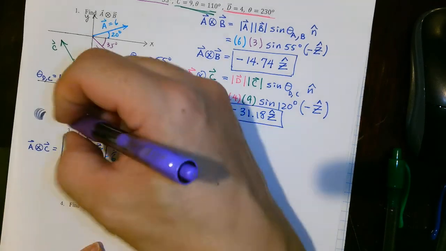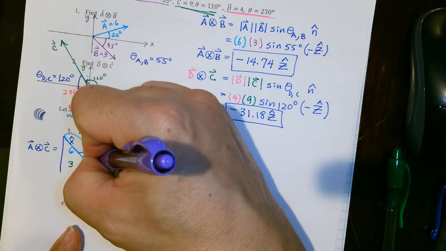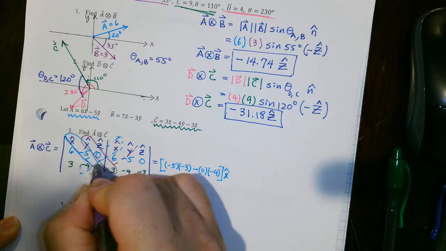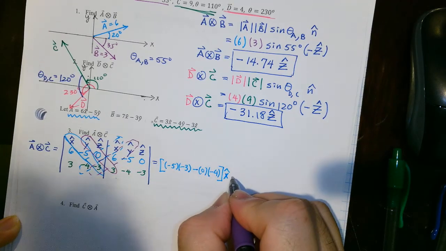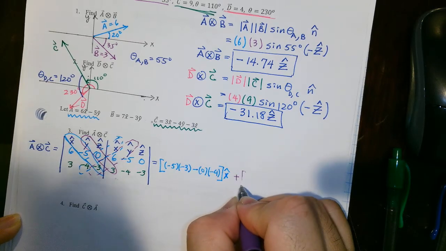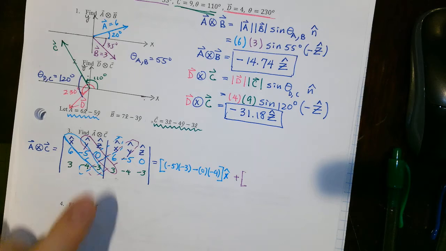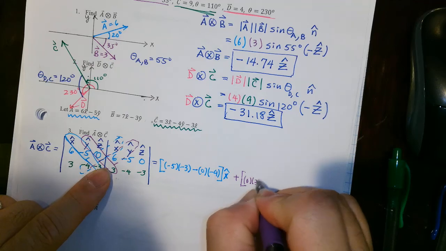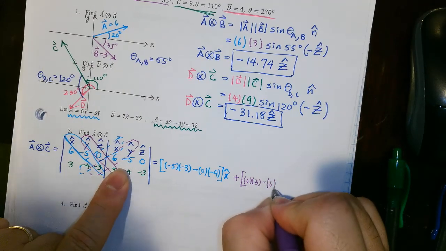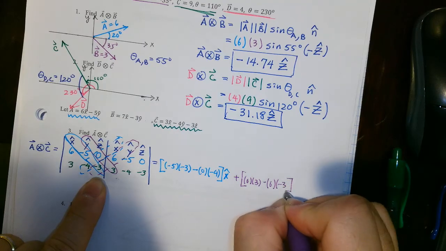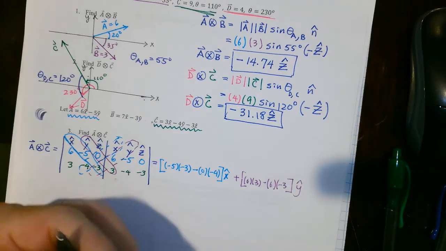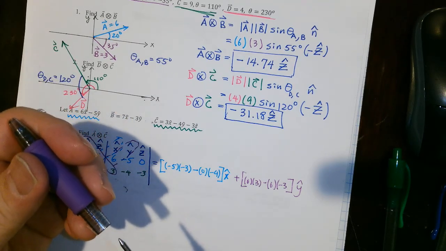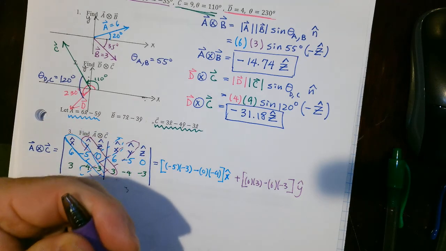Next, I have this minus that. So plus, right? Here I have 0 times 3 minus 6 times negative 3, y hat. Ugh, I'm running out of ink. Not that much left. All right, we'll do our best.